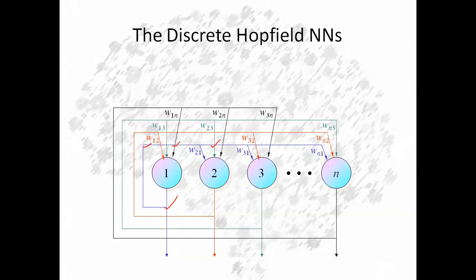This is the recurrent kind of neural network where the outputs of all neurons are fed back to the input. These are the outputs generated, and these are inputs. And we know that input and output are initially the same, being the auto-associative kind of neural network.